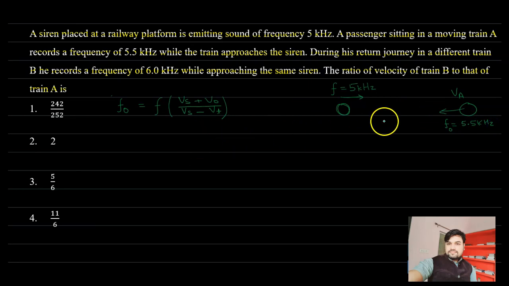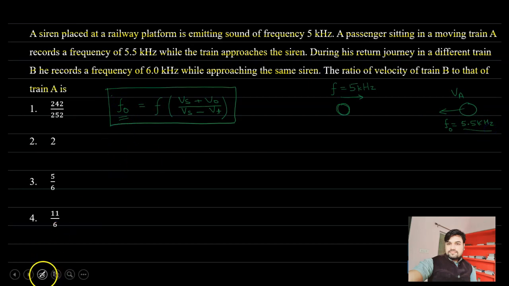Now substitute these values in this formula, we can find the velocity of observer A. Here the observed frequency f0 is 5.5 kHz.